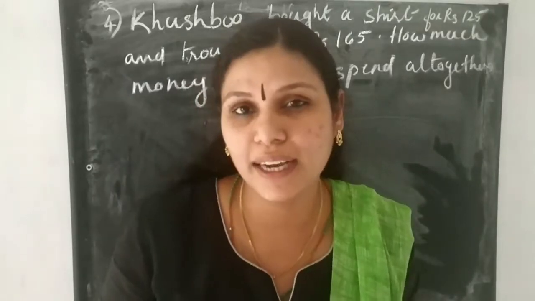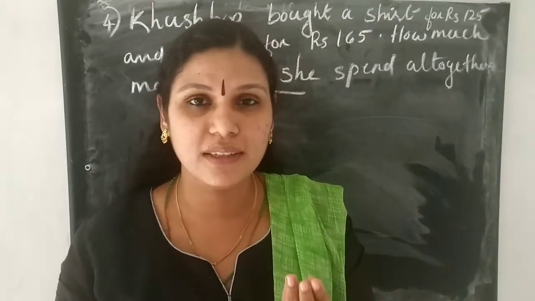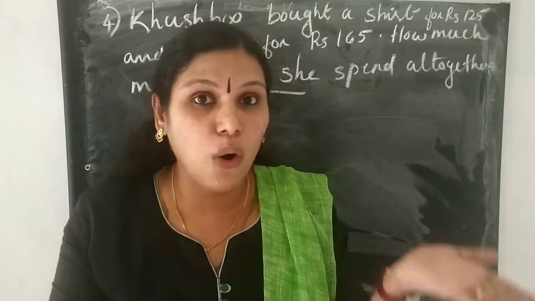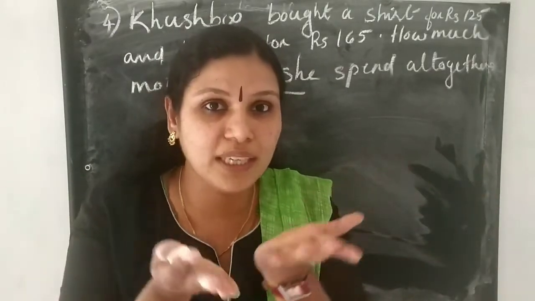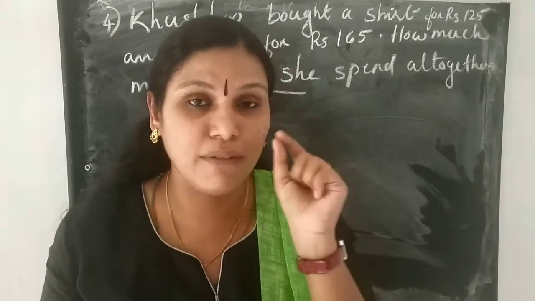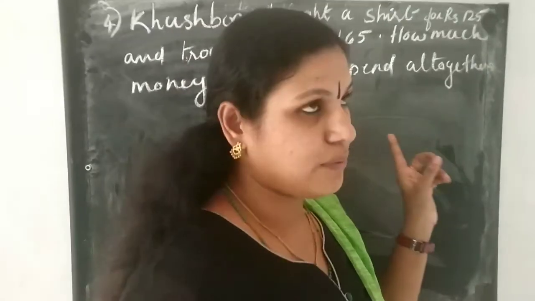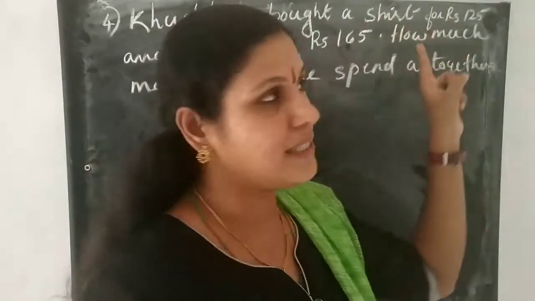So what calculation do we have to do from here? All together, total, that means we have to do addition. Okay, understood? So this is a word problem. In each number we need the steps.